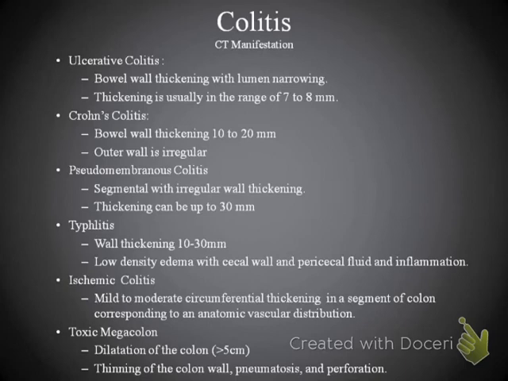Ischemic colitis, mild to moderate circumferential thickening in a segment of colon corresponding to an anatomic vascular distribution. And toxic megacolon, dilatation of the colon greater than 5 centimeters, thinning of the wall, and possibly perforation. And so basically we're going to be concerned with ulcerative, Crohn's, and toxic megacolon because those are the ones that you're really going to see a lot of.